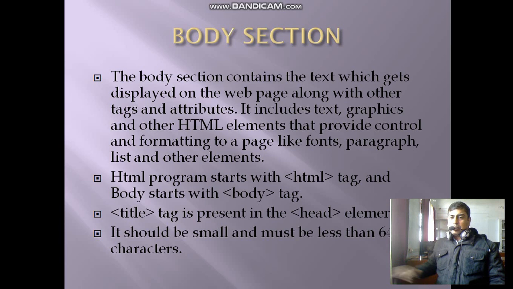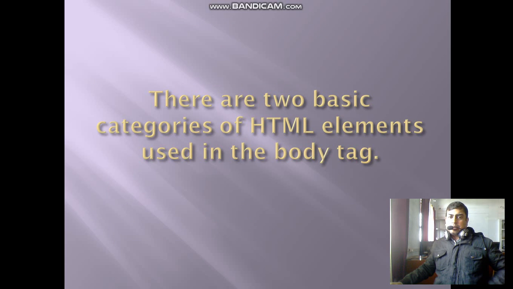The HTML program starts with the HTML tag and the body starts with the body tag. Title tag is present in the head element. It should be small and must be less than 64 characters. These are certain basic points that we should follow. If in the title section we write long sentences, definitely it will not be shown to us.